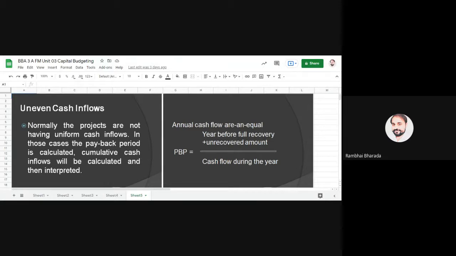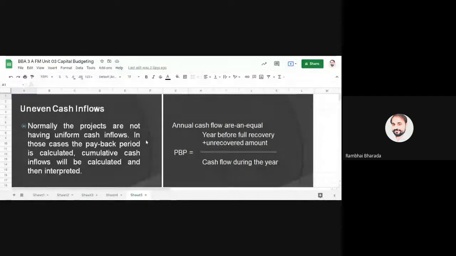Here, payback period means the number of years required to recover the project cost or initial investment. Are we clear? Payback period means whatever the time required in terms of years to recover the initial investment.